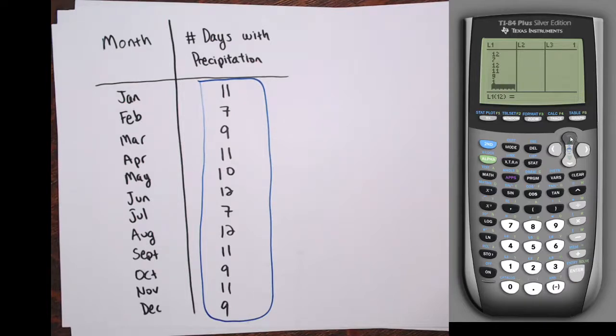Oops, that's a 1. 11 in November, and 9 in December. Okay. And again, look at this, L1 number 12. There should be 12 of these. There are 12 months of the year.